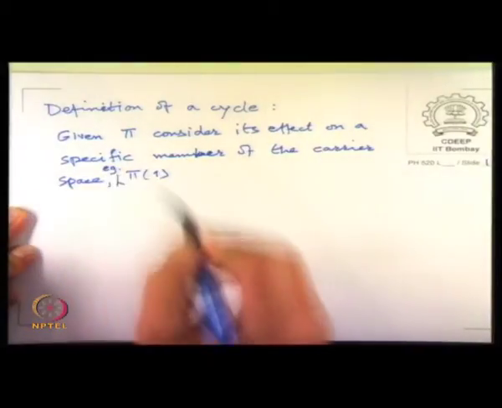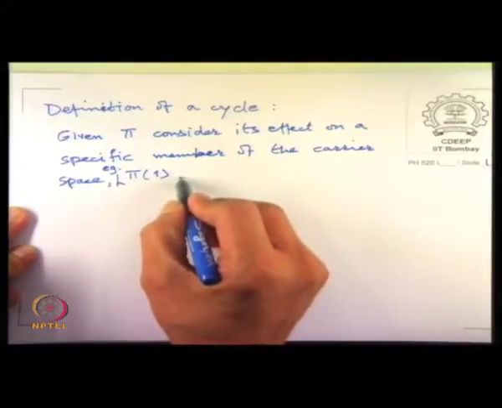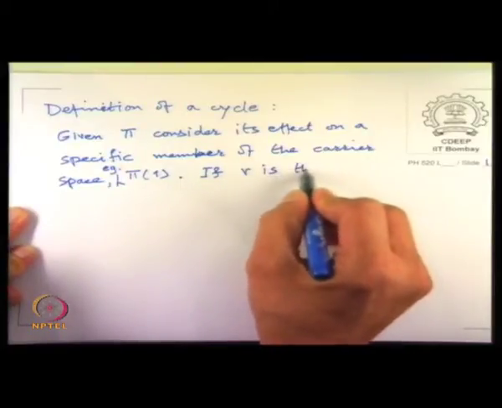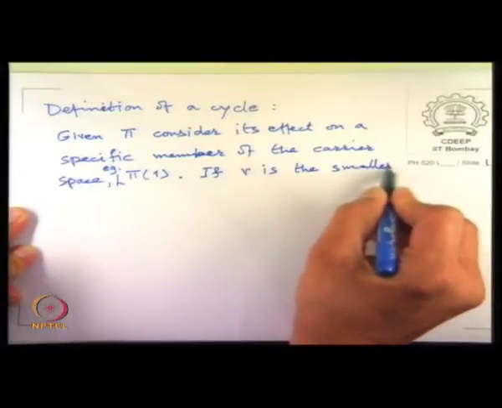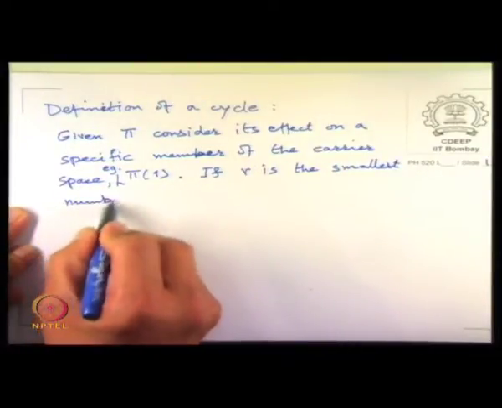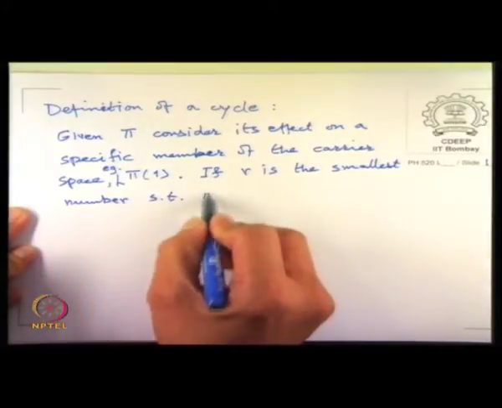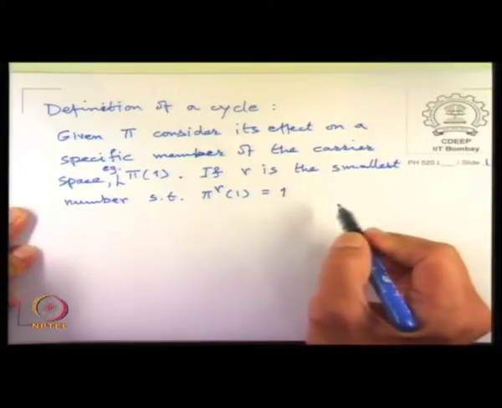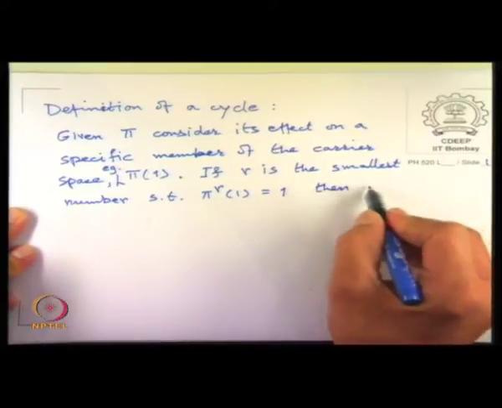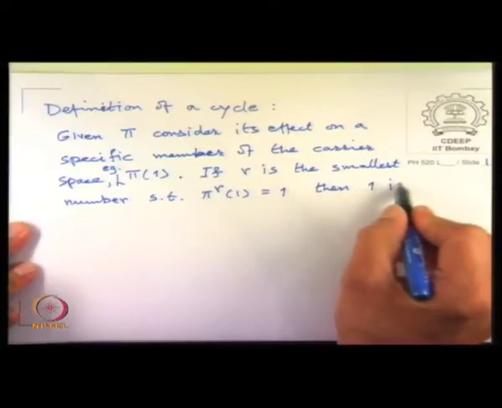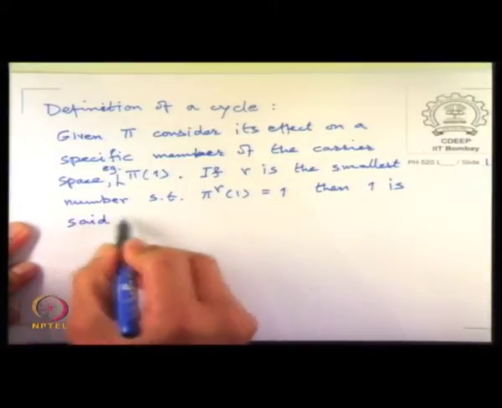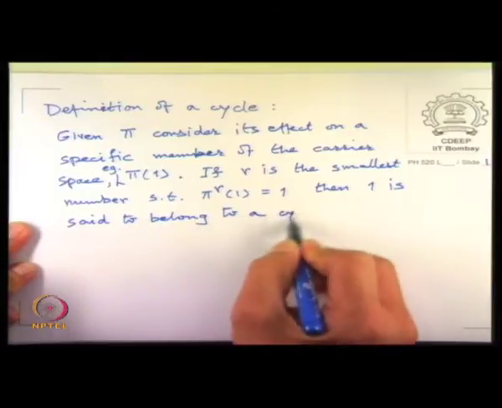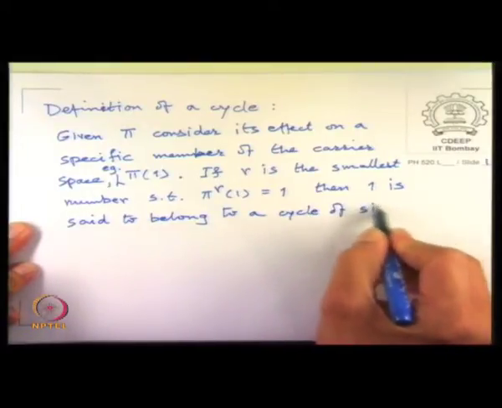If r is the smallest number such that pi to the power r of 1 is equal to 1, then 1 is said to belong to a cycle of size r.